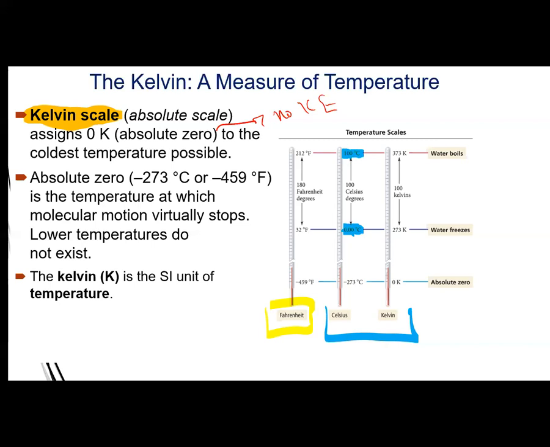Now, it hasn't been possible for us to get down to absolute zero, because if we were to get down to absolute zero, those particles would no longer be moving at all. And so that's a theoretical limit of where things should be. At that temperature, molecular motion would virtually stop since it has no more kinetic energy.